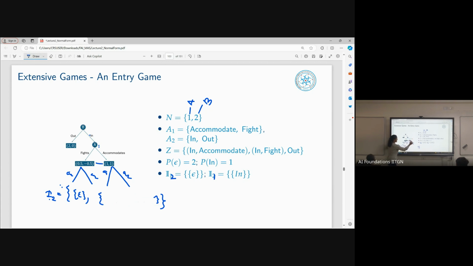Now this node, it does not know if it is here or there. Right? So you can club all of this together, and this becomes one particular node. So what I'll write is FA, fight accommodate, becomes one node in which agent 2 has to make an action, because now agent 2 doesn't know if A has put up a fight or accommodated. So now there are only two elements in the information set. One is in the beginning. The other is in the next, when A has taken an action.